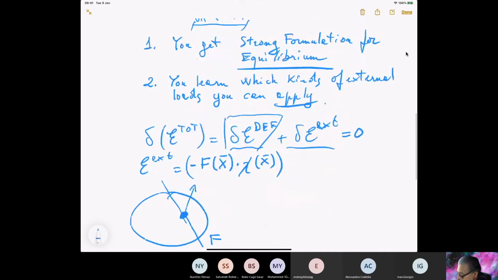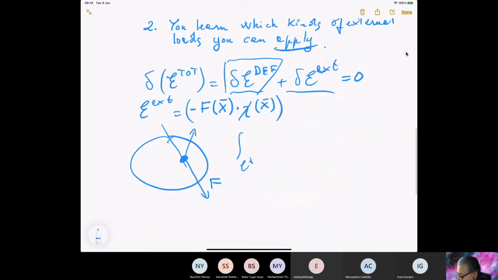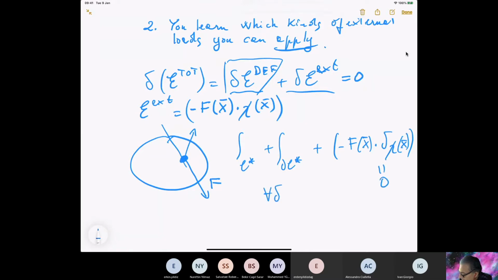So you have volume integral plus surface integral plus the first variation of this calculated in one point equal 0 for every delta chi.